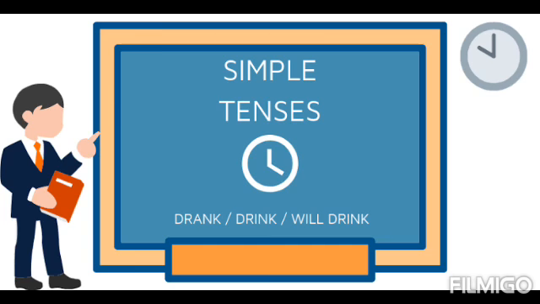So we should be very careful when we make use of it. When the action is going to happen in future only, we have to make use of future tense. Suppose at present it is happening, you have to use only the four forms of present tense: simple present, present continuous, present perfect, present perfect continuous.